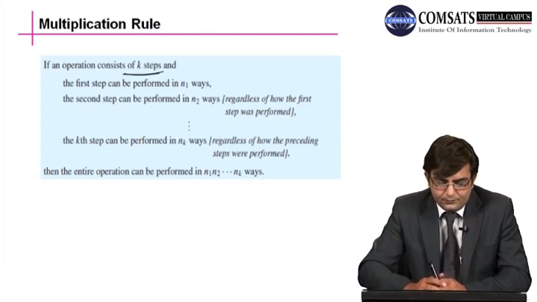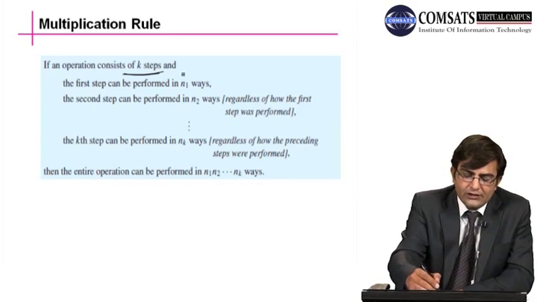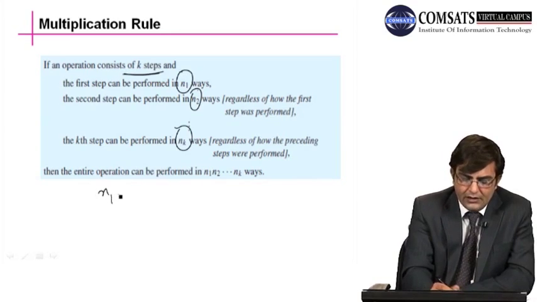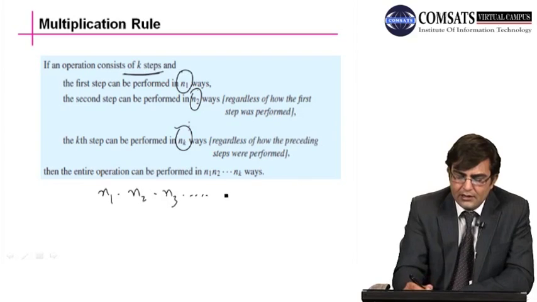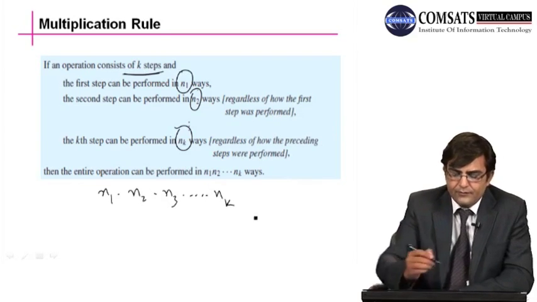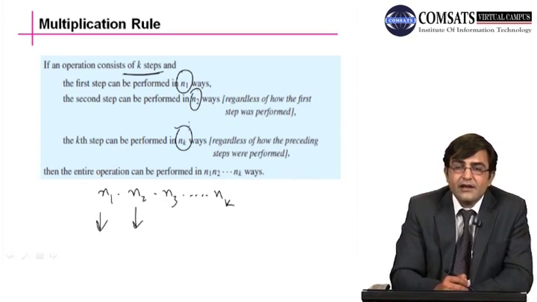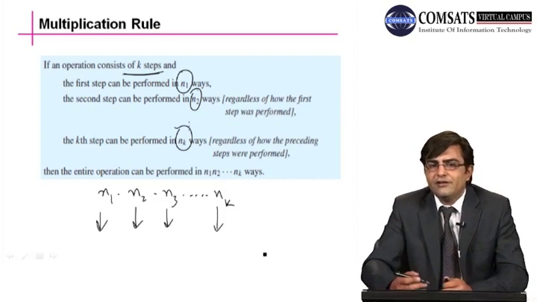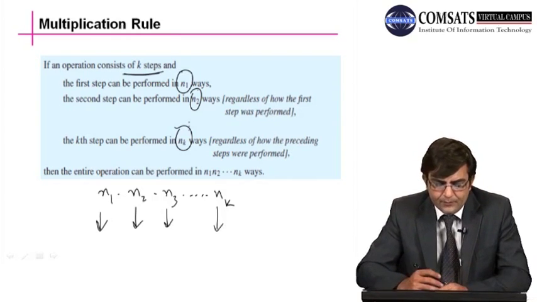Then the entire operation can be performed in the multiplication of all these possibilities, means n1 into n2 into n3 and so on up to nk. If in the first step there are n1 possibilities, in the second step n2, in the third step n3, and in the kth step, any general step, it could be 4, 5, 6, 7, 8, 9, 10, anything.